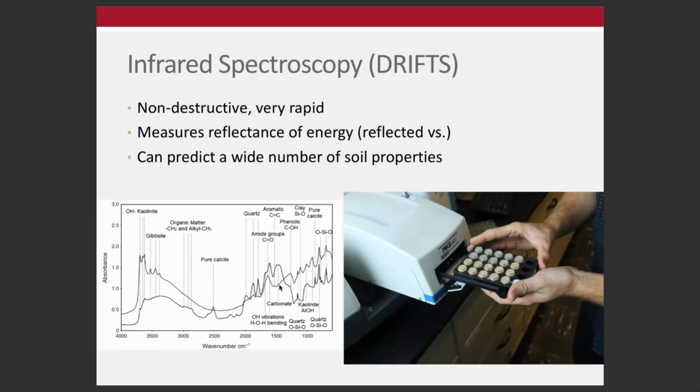So with one, say, 30-second or 2-minute scan on a soil, with enough background work in developing these calibration curves, we might be able to predict a wide range of soil properties and make soil health testing very, very affordable, very inexpensive.